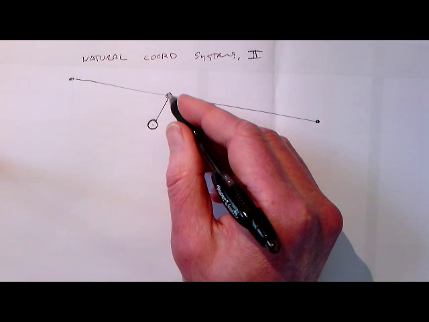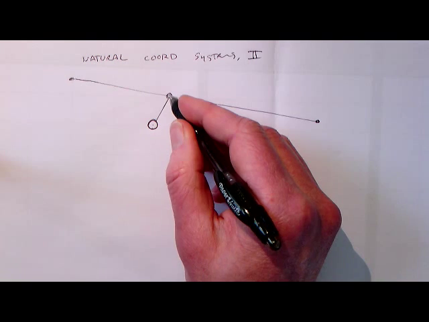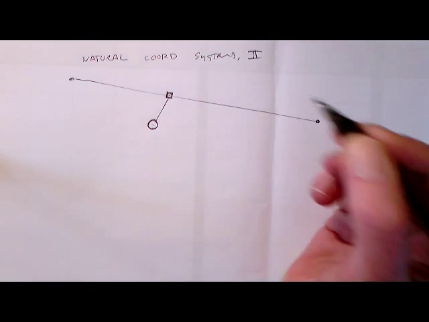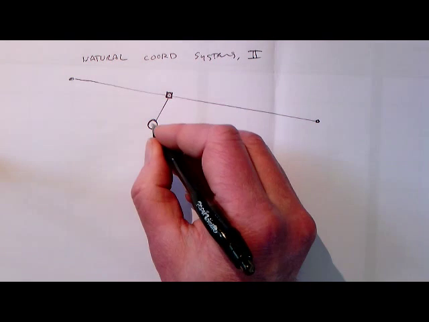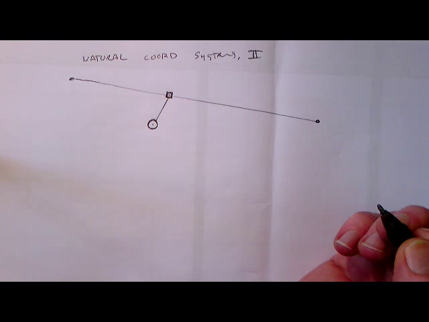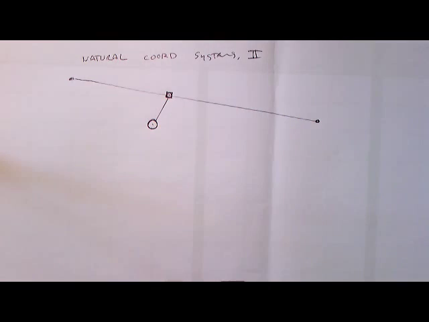There's a constraint that the distance between the carriage here, and I'm going to assume there's some kind of carriage connected there, and the center mass of the rider is some distance, and that distance is a constraint. Okay, so how many variables do you need to describe this, and what would the right coordinate system be?